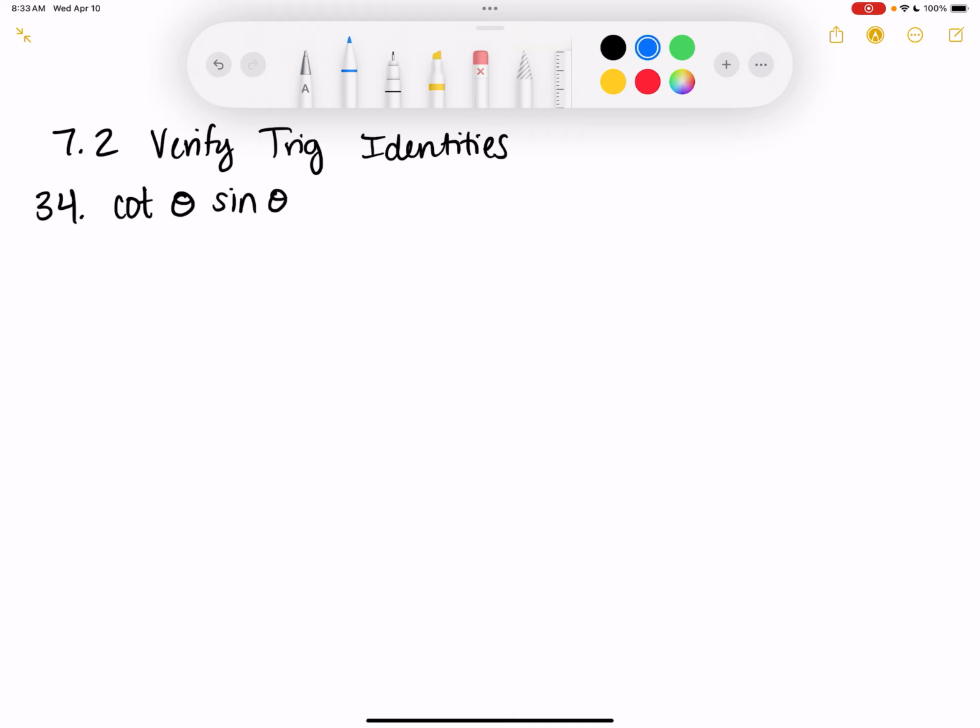Okay, is that going to help me cancel something? No. Is there another way I can rewrite it? Oh yeah, cosine theta over sine theta. Because now that will allow me to cancel top and bottom and leave me with cosine theta.